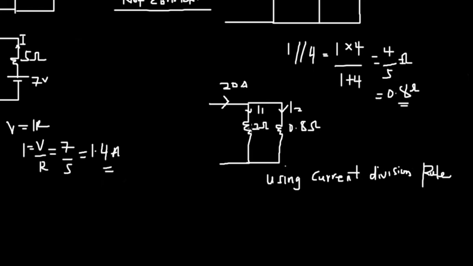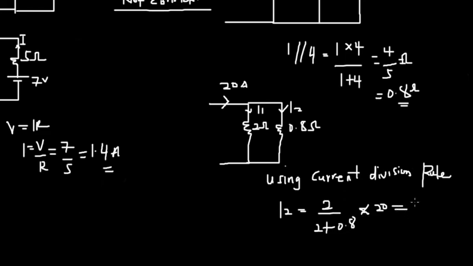In case you want to find current I2, you know the current division rule, you know the formula. So we have I2 equals this resistor, 2, divided by the sum of the two resistors, 2 plus 0.8, and then you multiply that by your 20 amps.